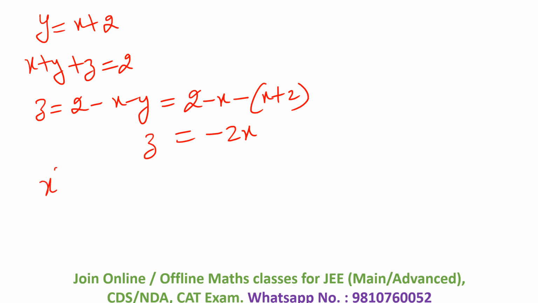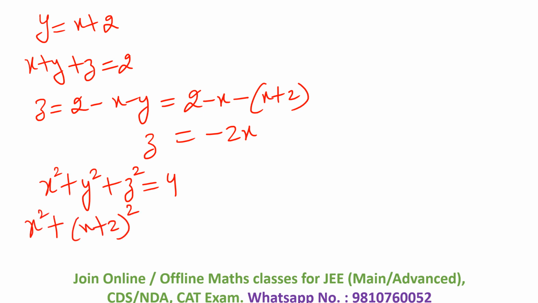Now students, another equation which we have is x square plus y square plus z square equal to 4. So now just put y square as x plus 2 whole square and z square as 4x square and simplify this equation. So we will be getting 6x square plus 4x plus 4 equal to 4.